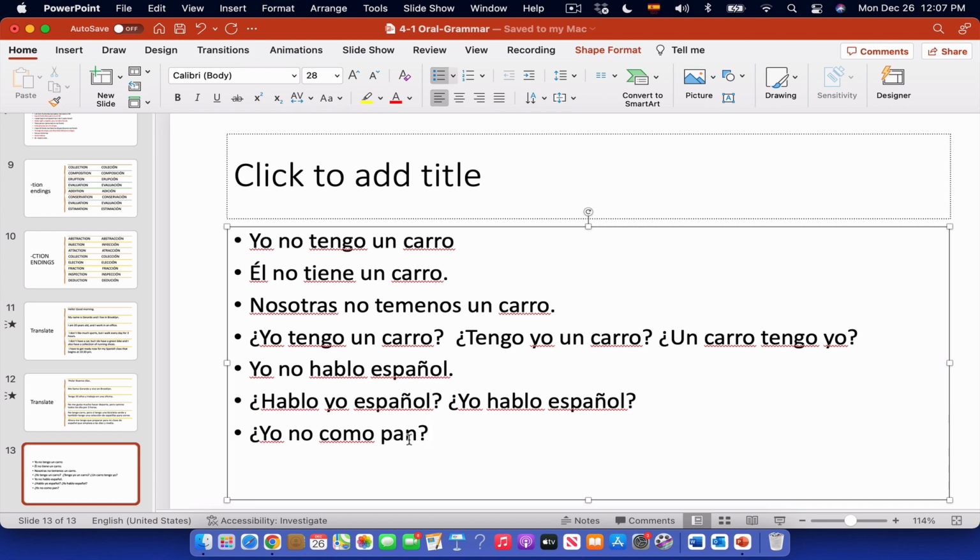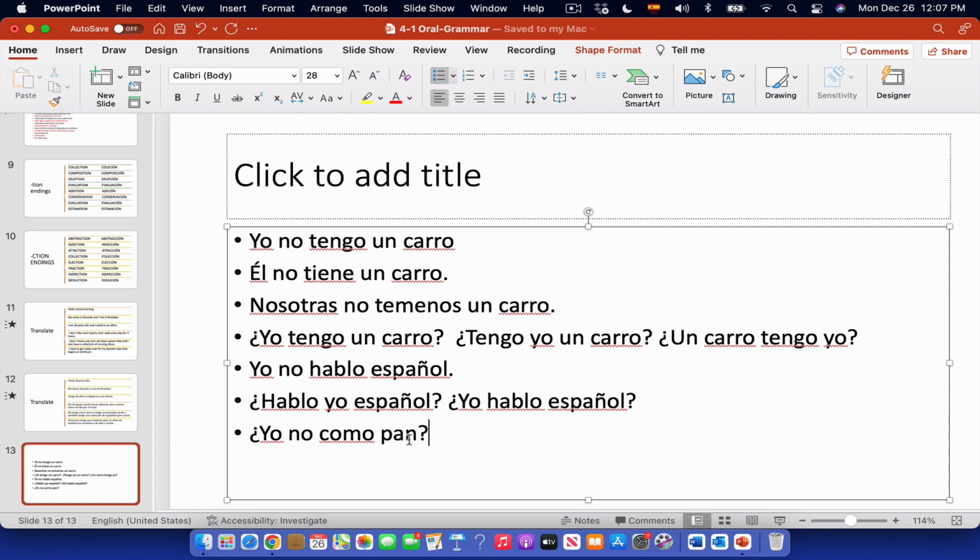Él no tiene un carro. How do you say we don't have a car? Nosotros no tenemos un carro. How do you ask? ¿Tengo yo un carro? Do I have a car? Does he have a car? ¿Tiene él un carro? Do we have a car? ¿Tenemos nosotros un carro?